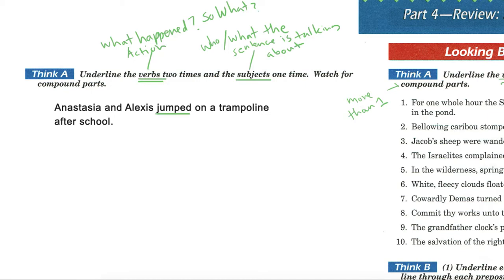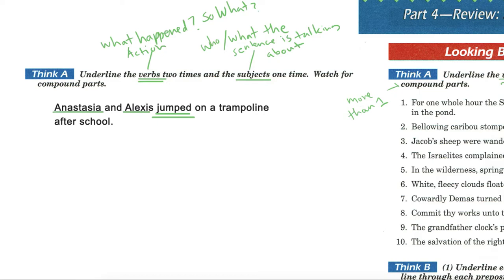Jumped is the verb. Who jumped? Anastasia and Alexis, or the trampoline jumped? Or the school jumped? Obviously, it's Anastasia and Alexis, right? So jumped is the verb because it tells us what happened, and the subject is Anastasia and Alexis because that answers who the sentence is about. The sentence is about these two girls.